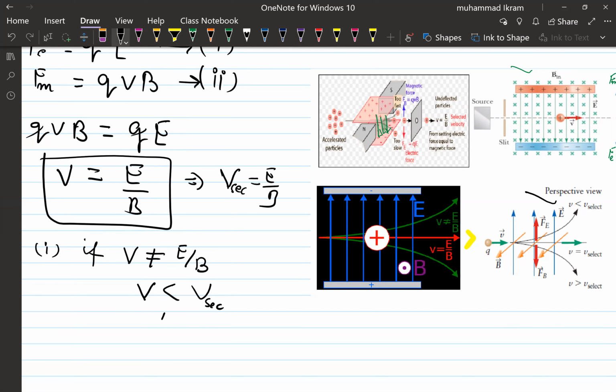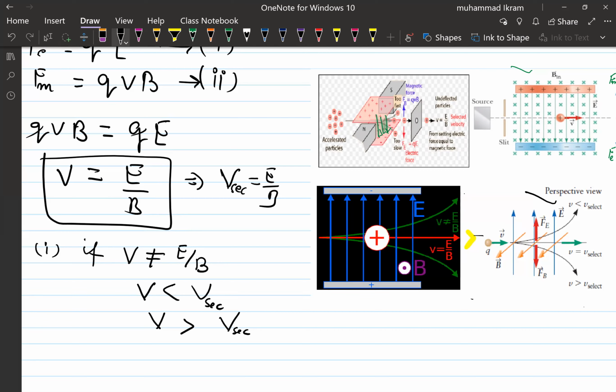And if the velocity is greater than the selector velocity, then what will happen to the charged particle? Look, then it will move in this direction, in the downward direction, as you see. So the charged particle may either deflect that way, or deflect this way, or travel straight, right? And it all depends on the magnitude of this V. If it is equal, it will pass straight.